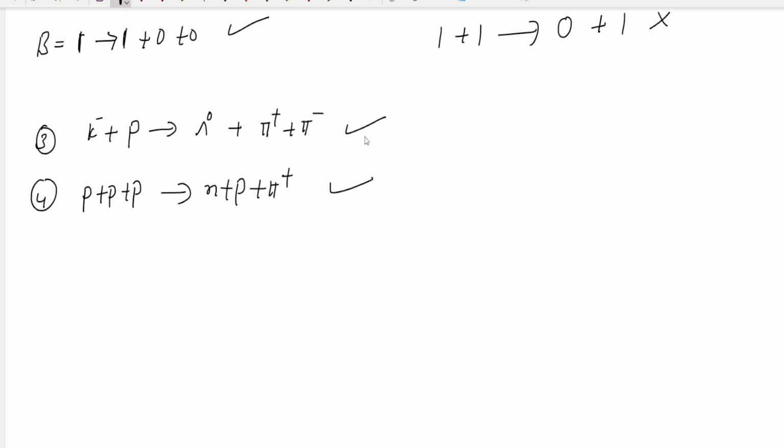You need to check these two things, whether baryon number is conserved or not, for practice.